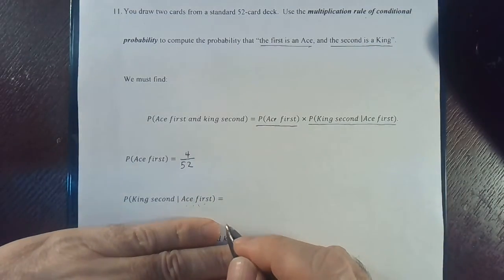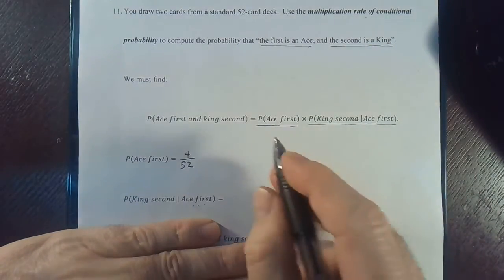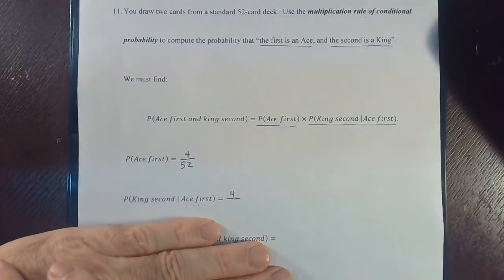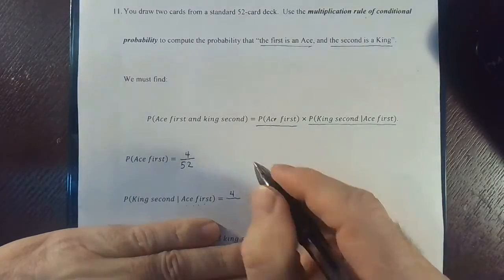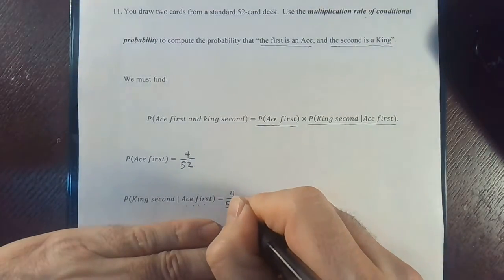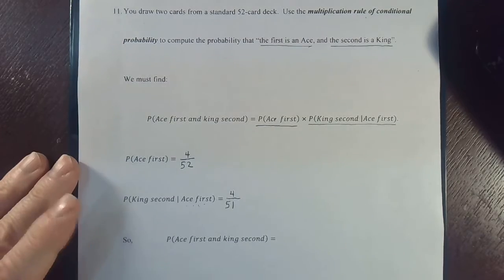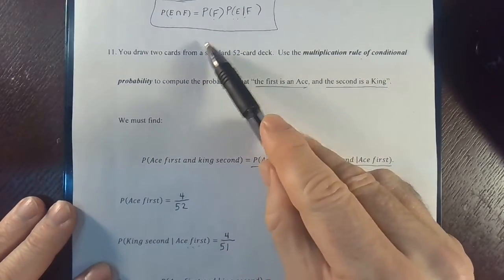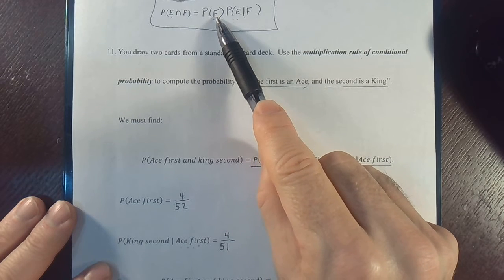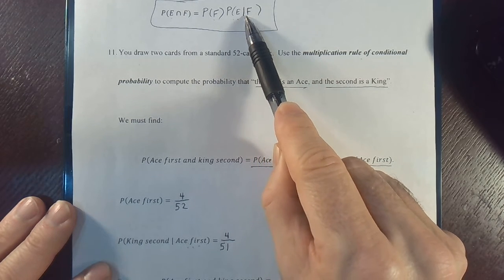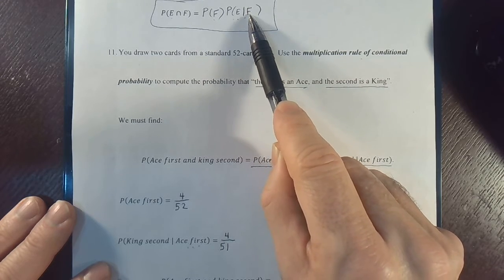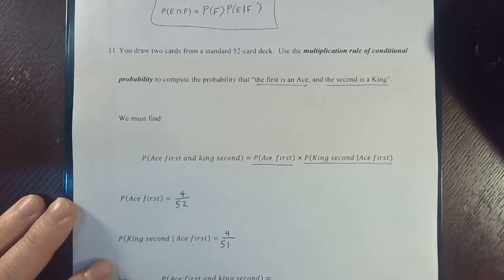Well, how many kings are there? 4. How many cards were there? Not 52. The first card was an ace, so there are 51 left. So this probability is 4 over 52, and the probability of a king given that the first card was an ace is 4 over 51.